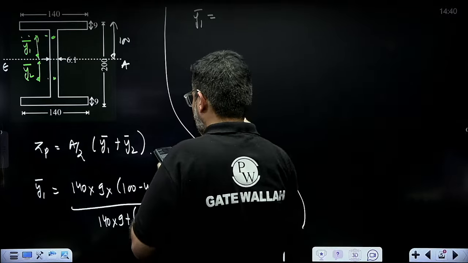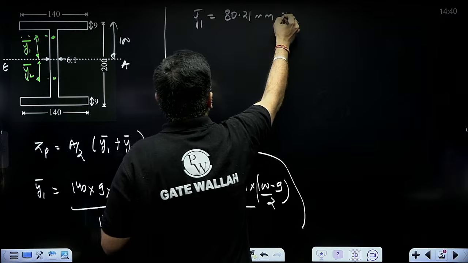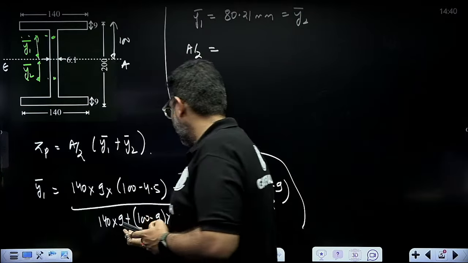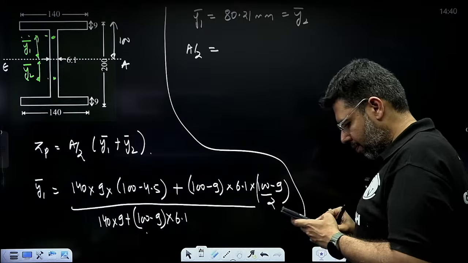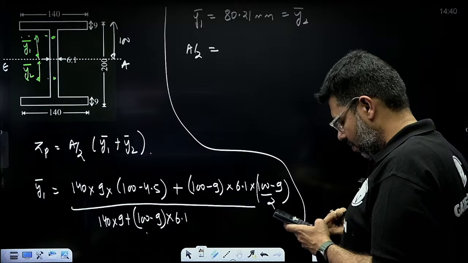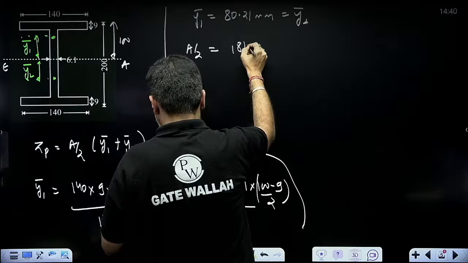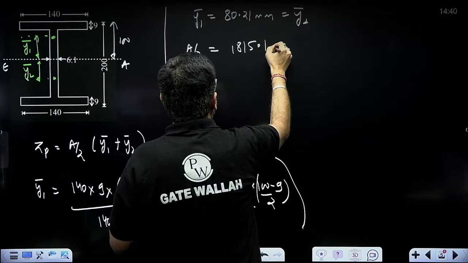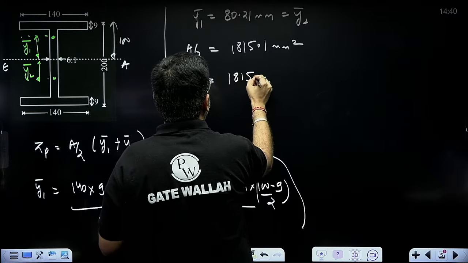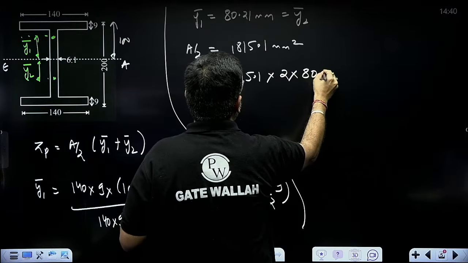Y1 bar comes to 8.21 mm. This is equal to y2 bar also, and A by 2 is 1815.1 mm square. ZP is equal to 1815.1 into 2 into 8.21.